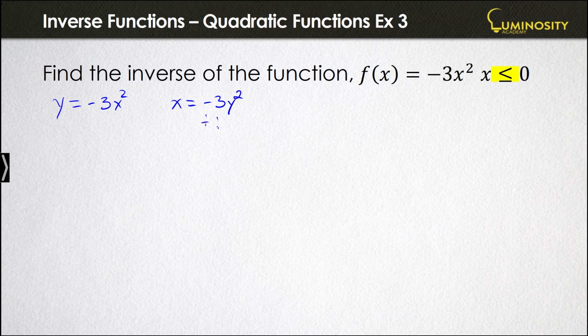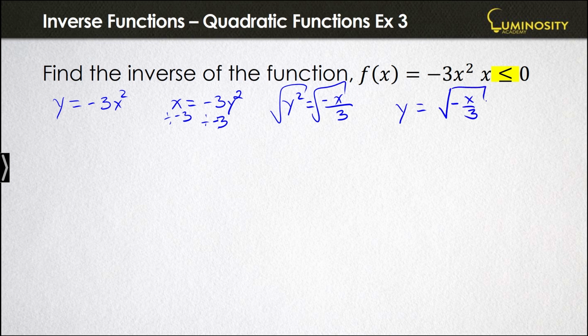So we're going to divide by negative 3. So we get y squared equals x over negative 3. So that means when we take our square root, we say y equals the square root of negative x over 3.